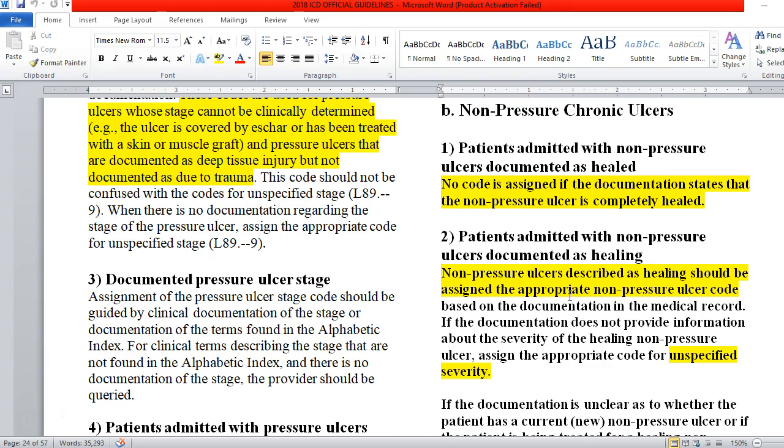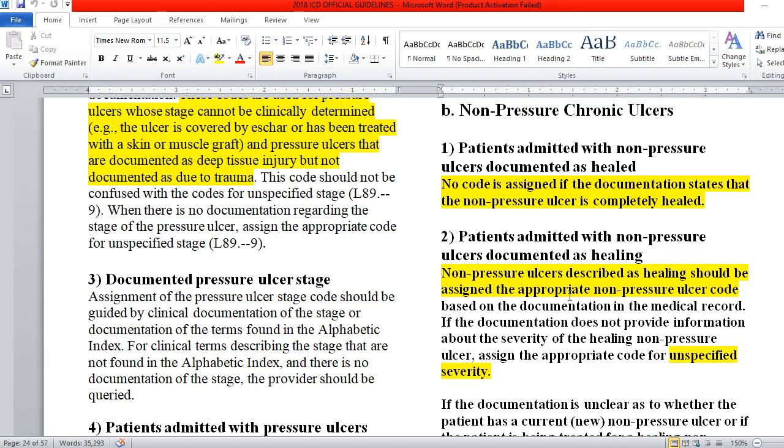However, patients admitted with non-pressure ulcers documented as healing. So non-pressure ulcers described as healing should be assigned the appropriate non-pressure ulcer code based on the documentation in the medical record. If the documentation does not provide information about the severity of the healing of the non-pressure ulcer, assign the appropriate code for unspecified severity.